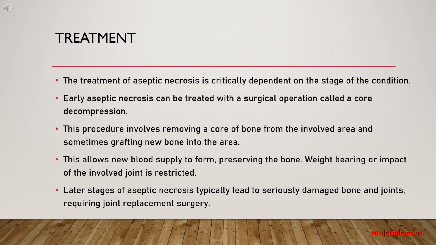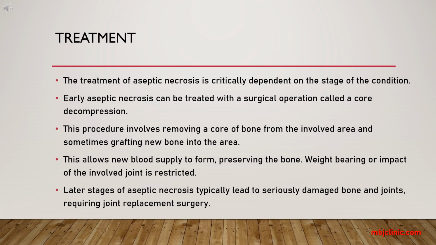Coming to the treatment, aseptic necrosis is critically dependent on the stage of the condition. Early aseptic necrosis can be treated with a surgical operation called a core decompression. This procedure involves removing a core of bone from the involved area and sometimes grafting new bone into the area.